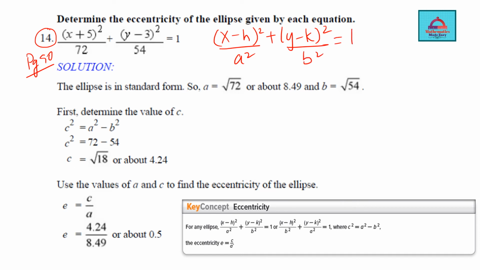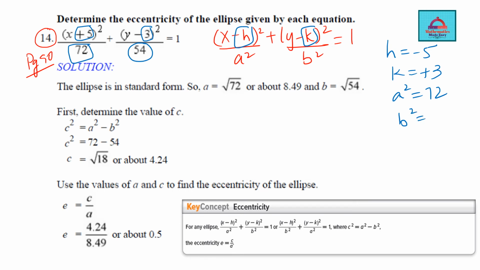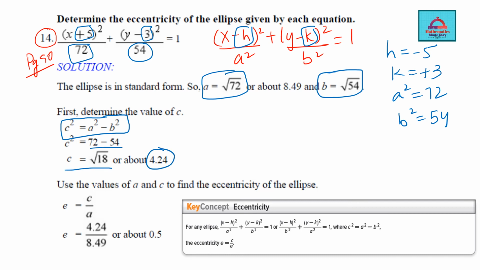It is very easy to identify that your h is minus 5, your k is plus 3, your a squared is 72 and your b squared is 54. Therefore a is this value, b is this value. Once you get a and b, you can find your c by subtracting them. So subtract and your c comes out to be 4.24 in decimals.